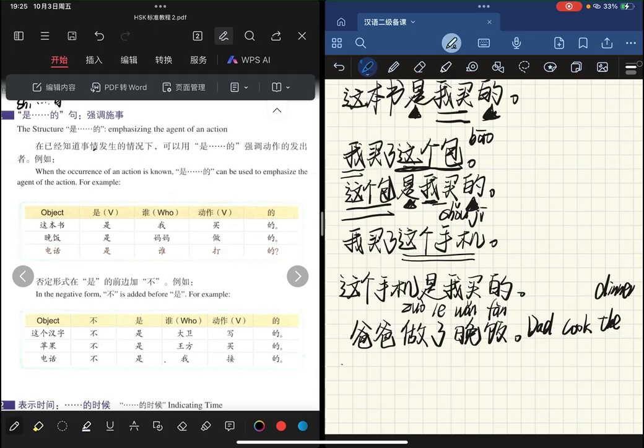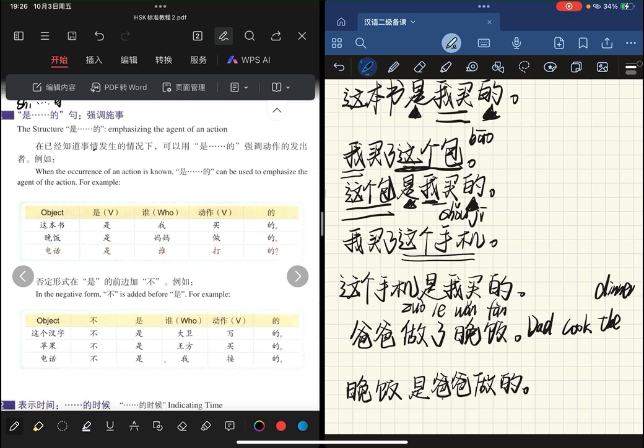Okay, so we can say 晚饭是爸爸做的。It was Dad who cooked dinner.